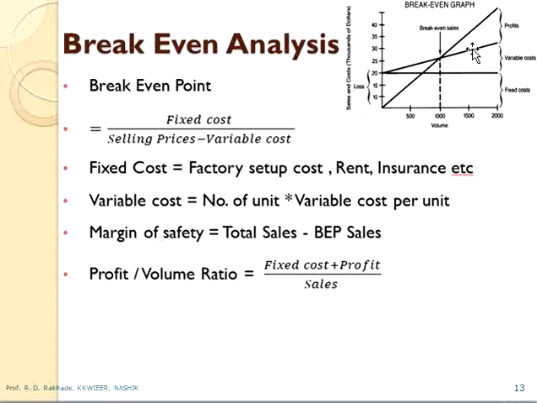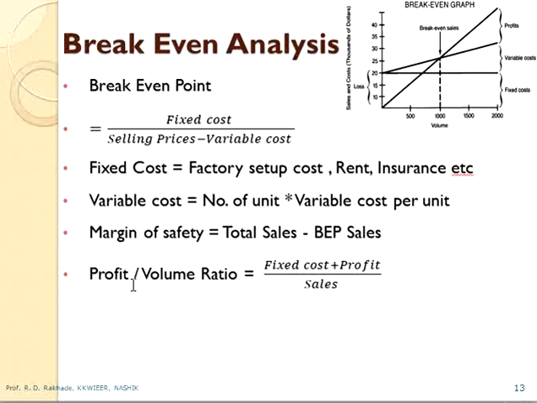Then this inclined line represents the sale line. The intersection of the sale line and the total cost line represents the break even point. Then margin of safety is equal to total sale minus break even point sale.